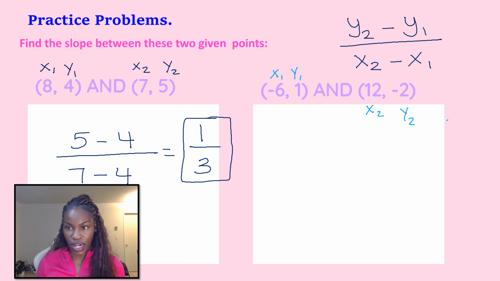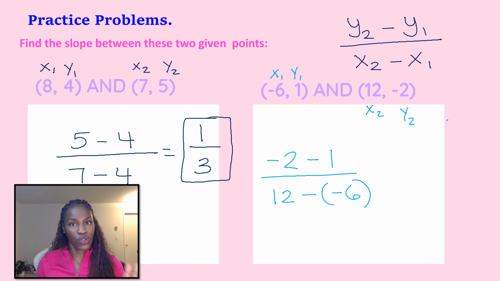So we have -2, because that's our y2, minus 1 over, or divided by, 12 minus -6. Okay, so we're subtracting a negative, right?